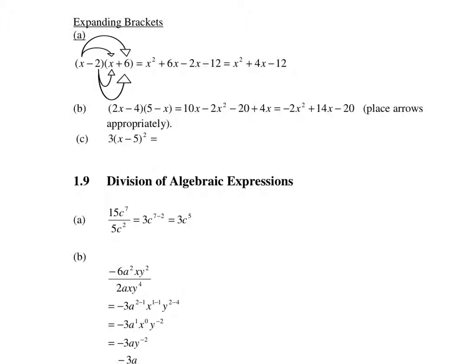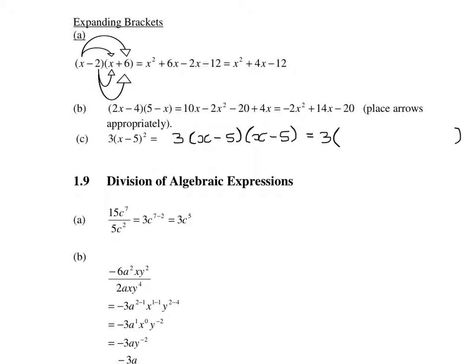Now B is done for you, but C, where you have a coefficient in front of a bracket, is actually a double bracket because the whole thing can be rewritten as 3 outside of x minus 5. Now notice the bracket x minus 5 is squared, so we need to rewrite it again. Now in that case, what we would normally do is leave the 3 outside of a bracket.